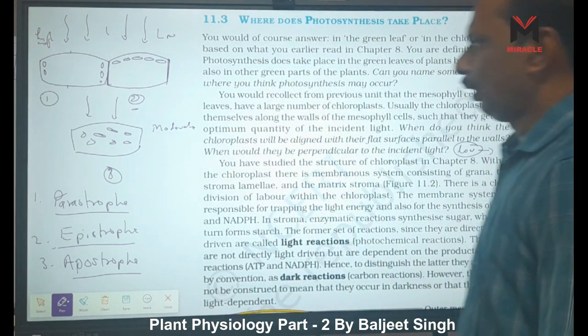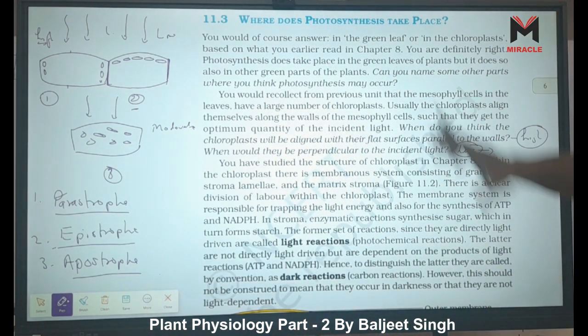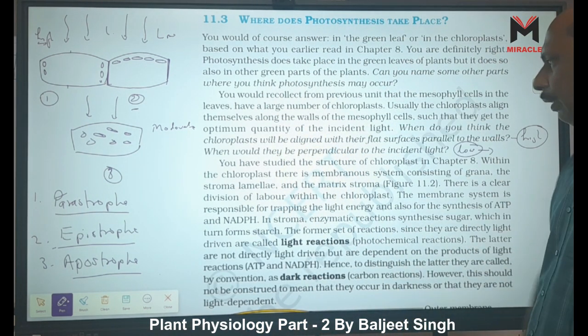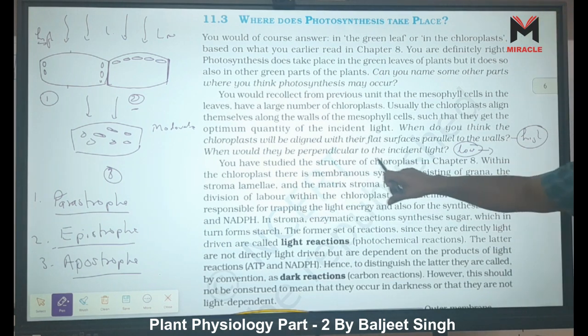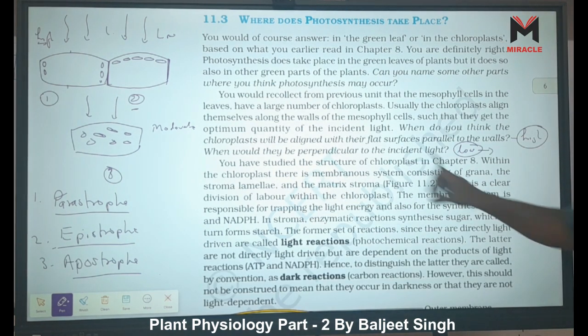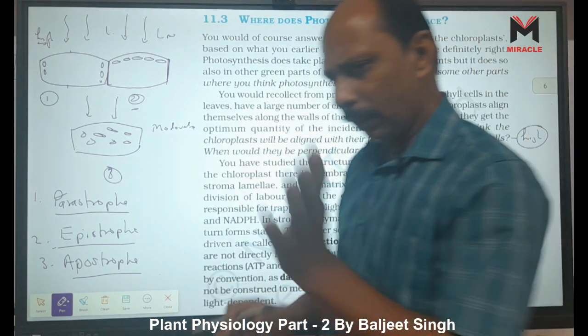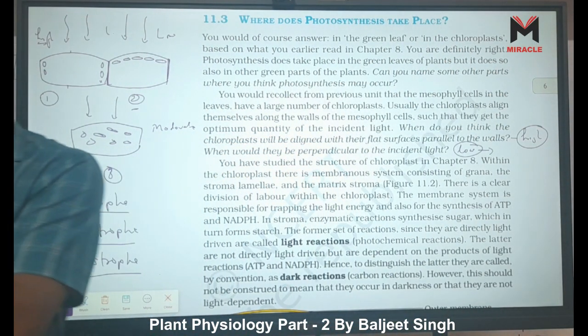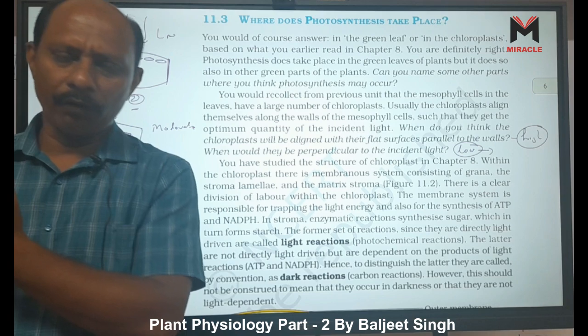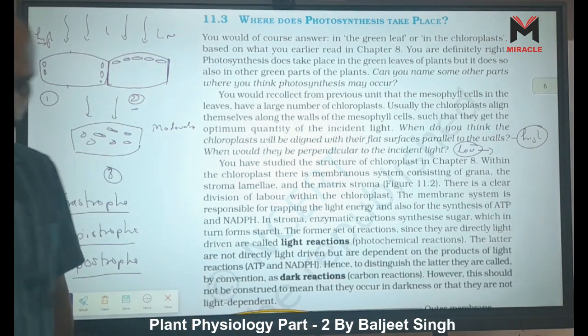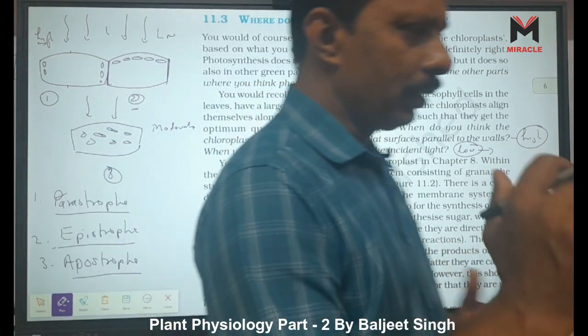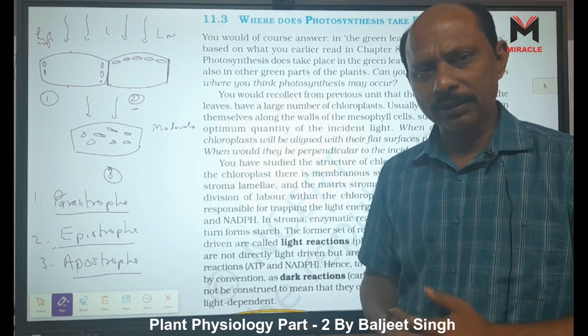These are the three conditions, or three locations, of chloroplast I tell you here, right? Now you have studied the structure of chloroplast in chapter 8. Within the chloroplast there is a membranous system. In the previous chapter, cell the unit of life, we already read the structure of chloroplast. In chloroplast we have two parts. One is stroma, which is the matrix fluid.